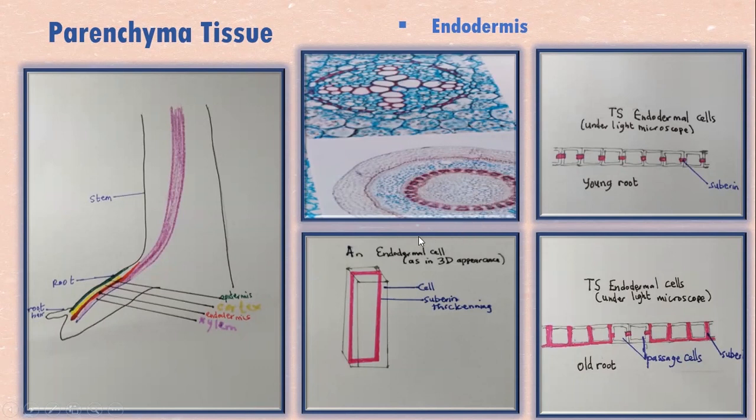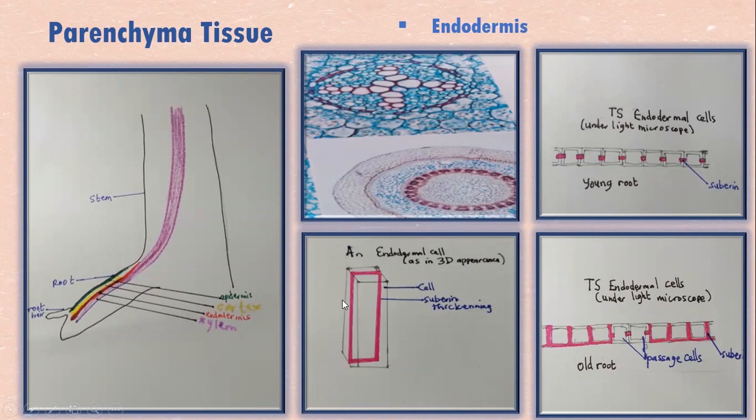So the function of the endodermis is that when water is moving into the xylem from other cells, the Casparian strip will prevent the water from wholesale moving into the xylem. Okay? Now, we'll use this to demonstrate this.